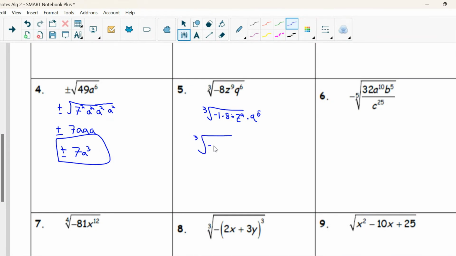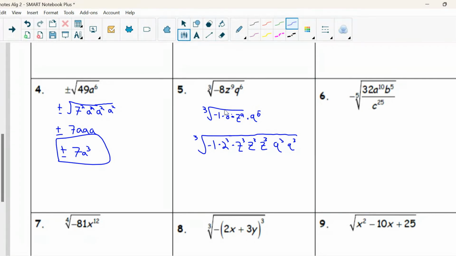So in the cube root of negative 1, what to the 3rd power gives me 8? 2. And then break these down: z to the 3rd times z to the 3rd times z to the 3rd would add up to give me z to the 9th, and q to the 3rd times q to the 3rd would give me q to the 6th power.